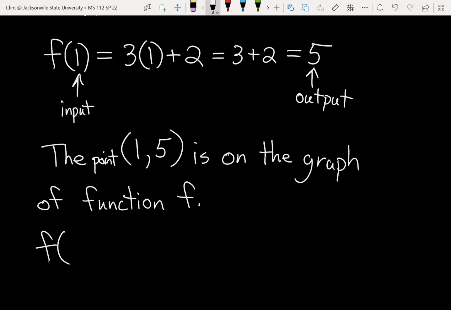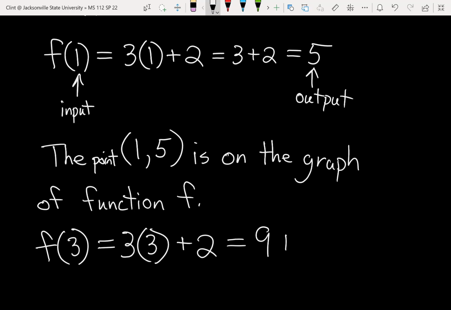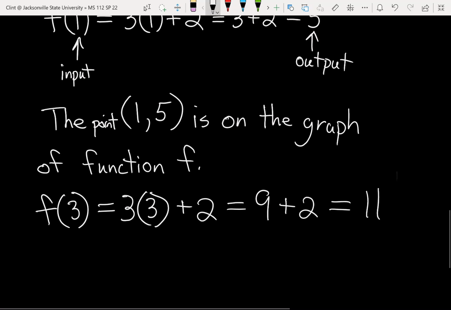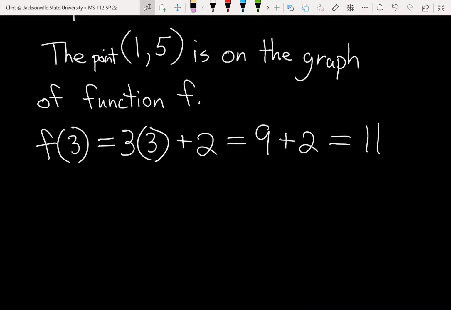Pick any number you want. 3. Okay. So then our rule says we take our input, multiply it by 3, and then add 2. So therefore our output value will be 11. So then the point 3 comma 11 is also on the graph.